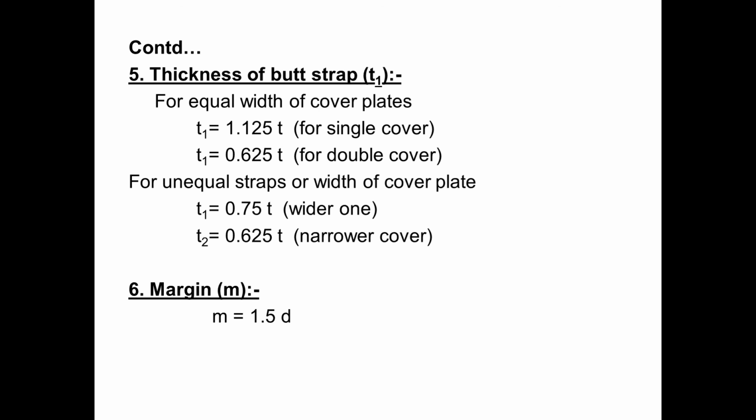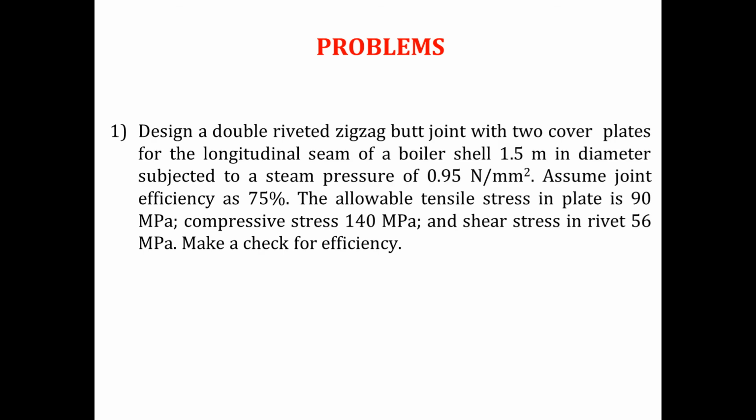So let us design one problem related to this longitudinal butt joint. After this, we will end this class over here and we will meet again in the next class with the circumferential lap joint. So let us take one problem.